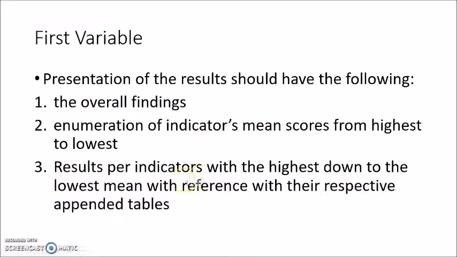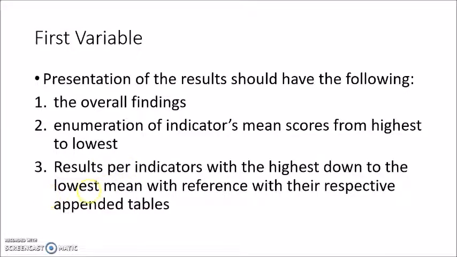And then, results per indicator with the highest down to the lowest mean with reference to the respective appended tables. So, first paragraph about the overall findings of the variable. Second paragraph would be about the overall or the total mean score per indicator. Okay? The third and the following paragraphs should be presenting the results of your appended table. Per indicator na siya. Results per indicator.